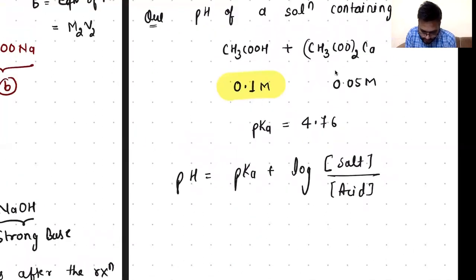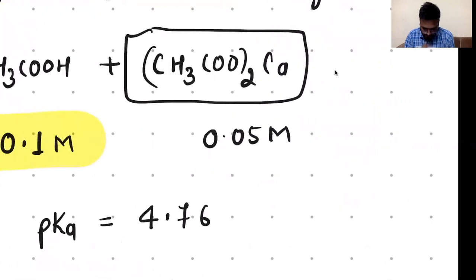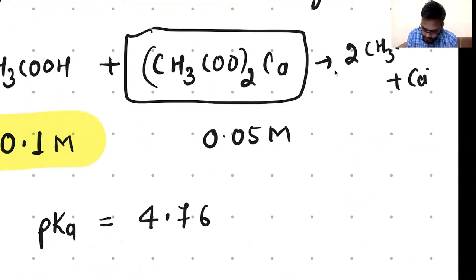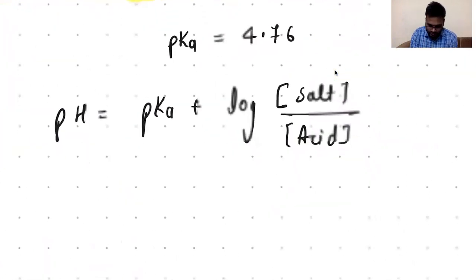But if we dissolve this salt into water, then this salt is going to produce twice CH3COO minus plus Ca 2 plus. In the expression, we require the concentration of acetate. So the concentration of acetate will be twice the concentration of the salt.